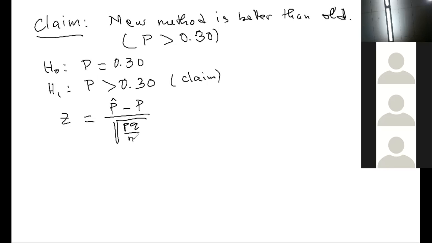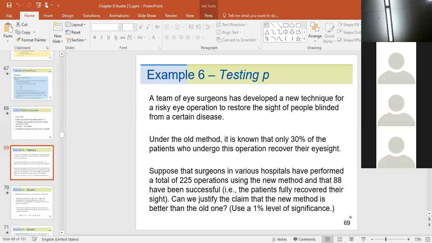So we are going to come back to state the test value, the P value, decision, and conclusion. So what is N here? N equals 225.